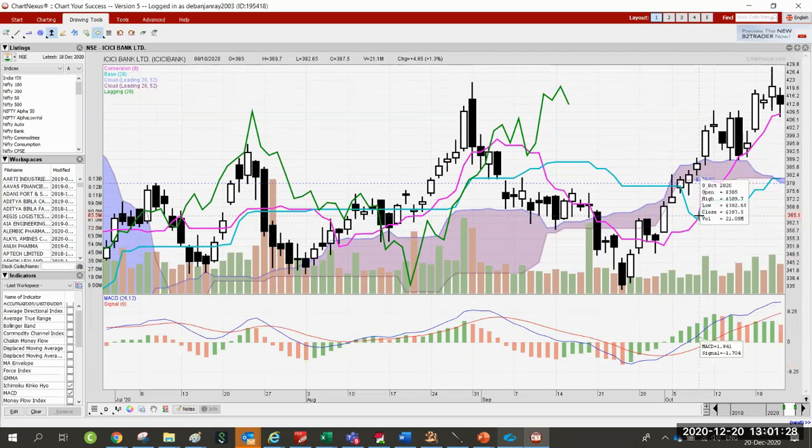Even if you are holding the stock, the selling will actually protect you. But in this case, you can see that the Ichimoku signal is not a very strong one, and there is another parameter to evaluate, because you exited on say 10th September and then entered again on 8th October.